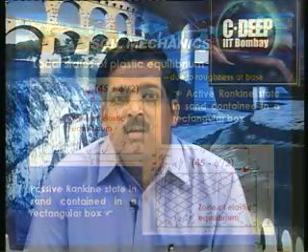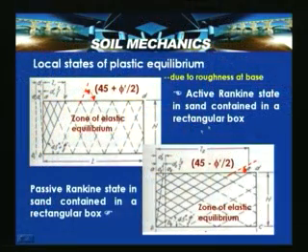So, in the zone in which the plastic equilibrium or a sliding failure wedge develops, the remaining portion of the soil remains in a state of elastic equilibrium. Here the top diagram shows the active Rankine state in sand contained in a rectangular box.